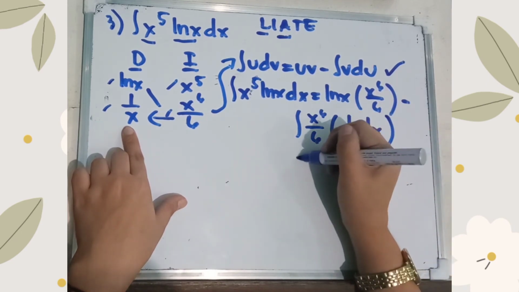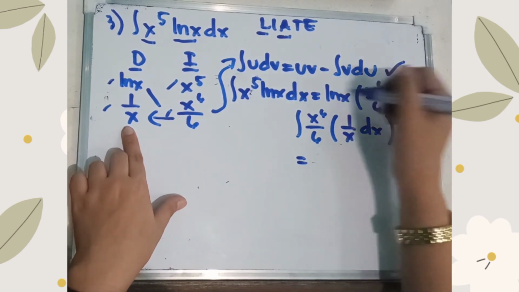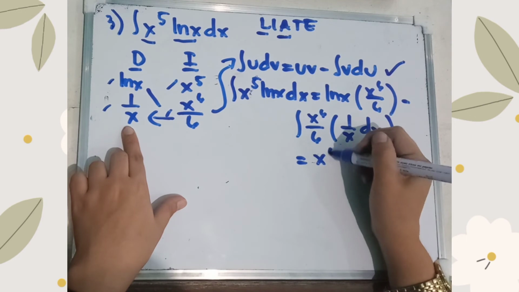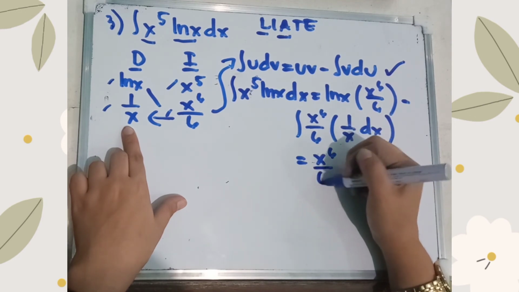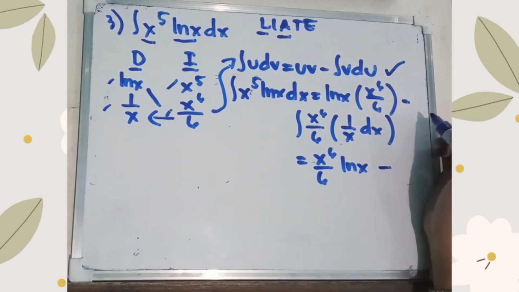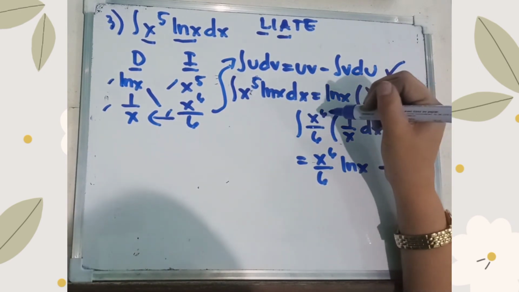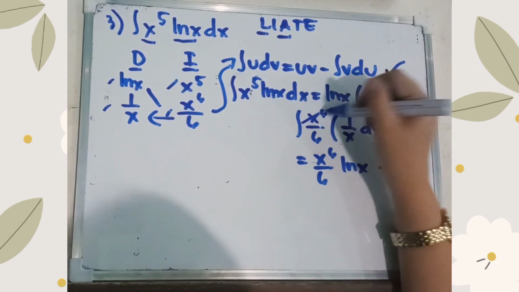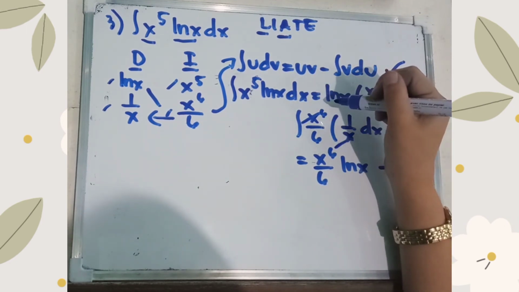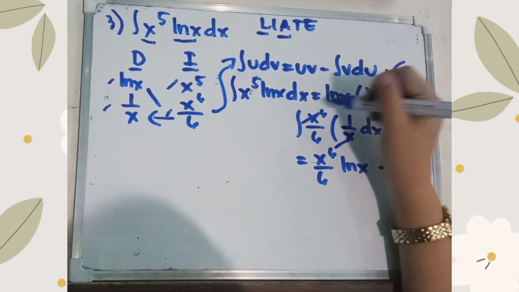Now simplifying, that is x to the 6th power over 6 ln x minus, we can actually simplify this one. This one will be left with x.